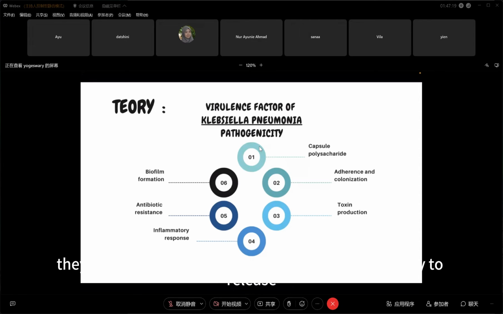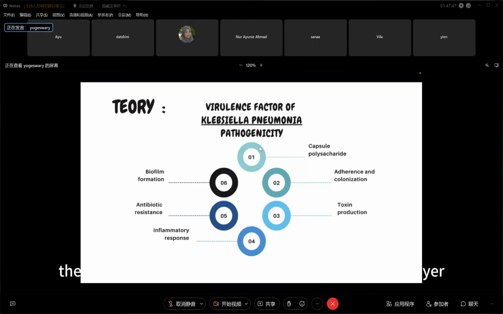Then the inflammatory response causes the body to release pro-inflammatory substances like interleukin 1 and tumor necrosis factor. Too much inflammation can harm tissue and make pneumonia symptoms worse. And then antibiotic resistance makes treating pneumonia harder.